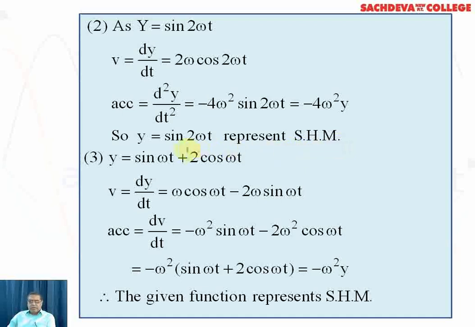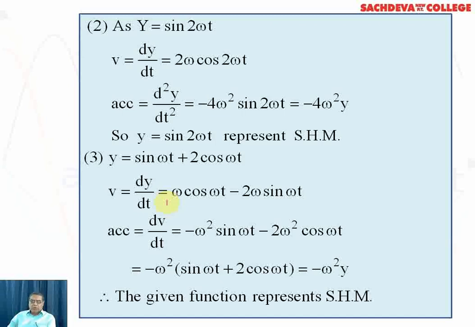Now we come to the third function, that is y is equal to sine omega t plus 2 cos omega t. Now we find in this question that displacement is given in terms of the addition of sine and cosine, but the displacement must necessarily be a function of sine or a function of cosine.